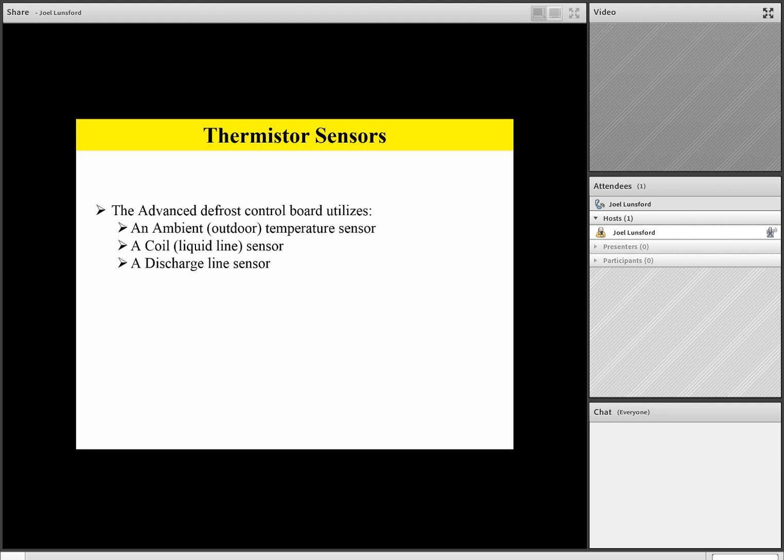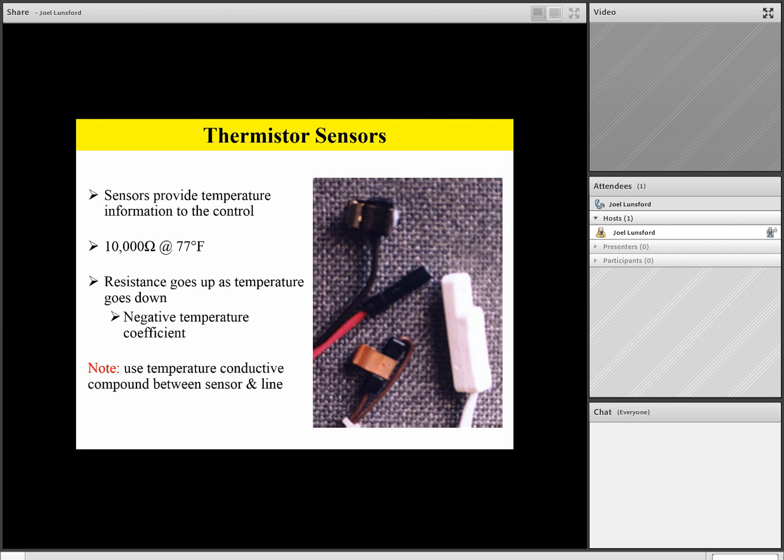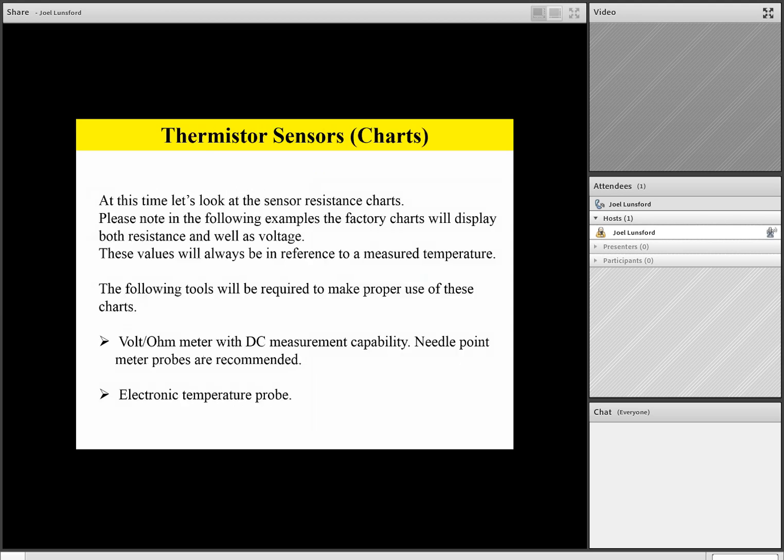Now, in our previous module that we just did, Module 3, we talked about checking those sensors, but as a quick overview, one more time, 10,000 ohms at 77 degrees is our nominal calibration point for all of our sensors. In addition, we provide you some charts with your handouts or your workbook, and we'll review those again real quickly just to remind you which ones you have.